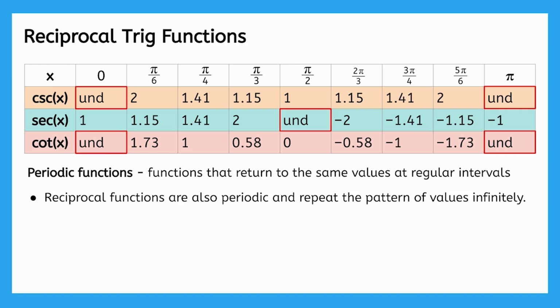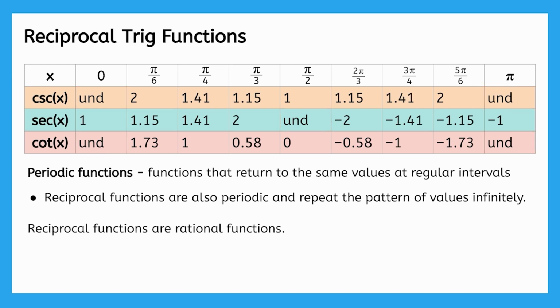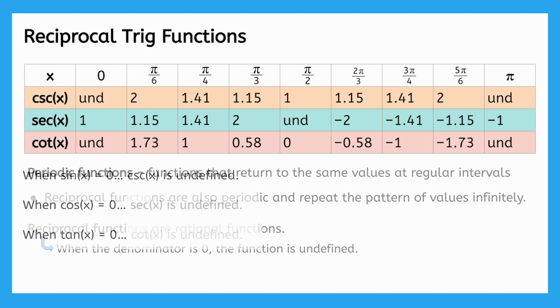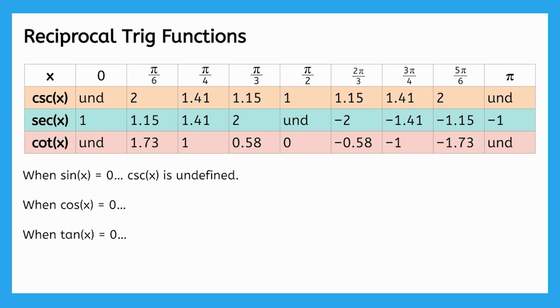These values are undefined because reciprocal functions are rational functions, and in a rational function, when the denominator is 0, our function is undefined. So, for example, since the cosecant function is 1 over sine, whenever sine is 0, cosecant will be undefined.